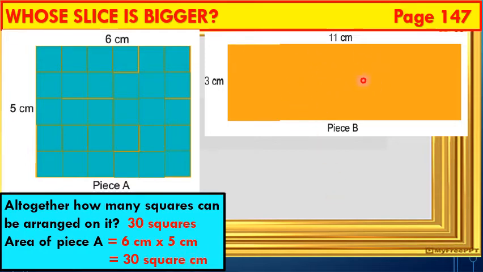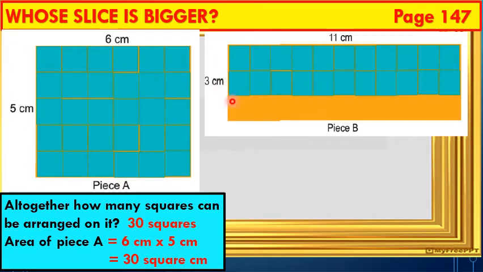Length of piece B is 11 centimeters. So let us arrange 11 green squares in first line. Breadth of piece B is 3 centimeters. So again, arrange 11 green squares in second line.